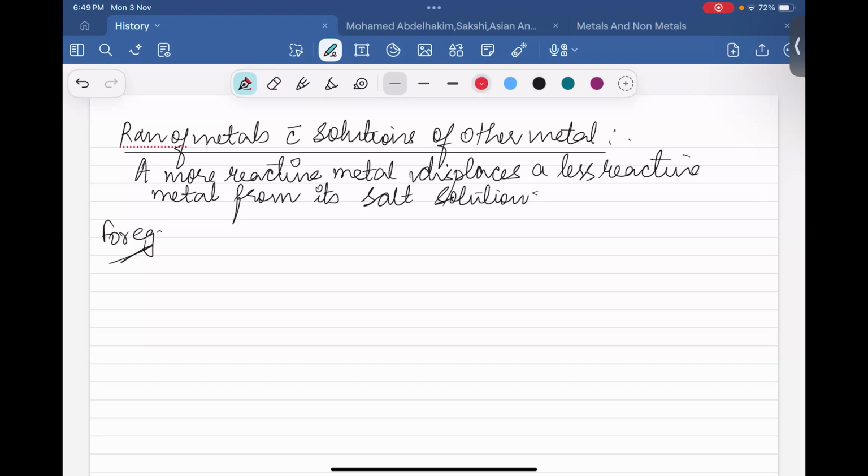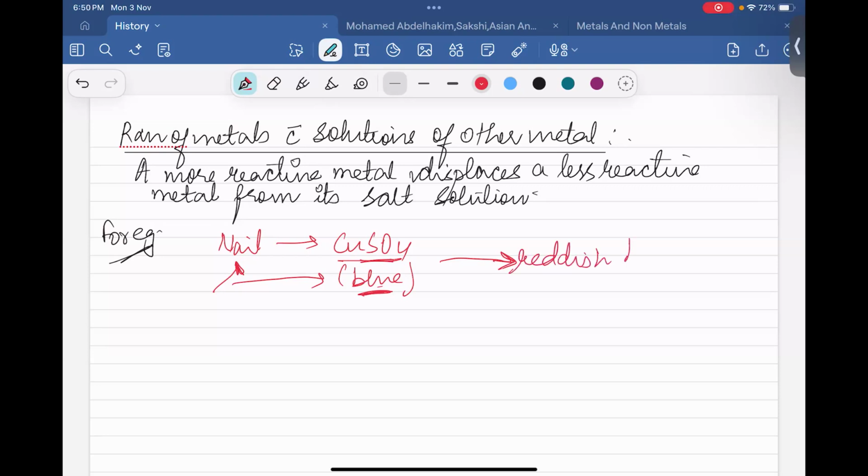When you put an iron nail in a copper sulfate solution, which is a blue color solution, then after some time the blue color of copper sulfate will vanish, and only reddish brown copper metal is formed.